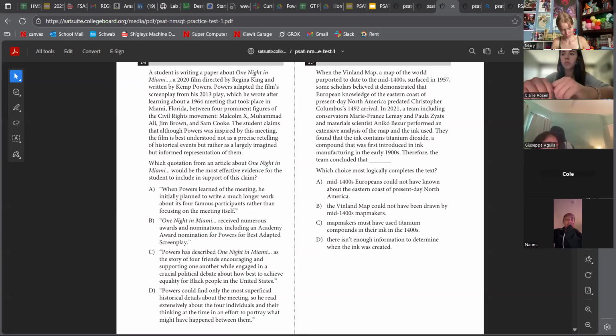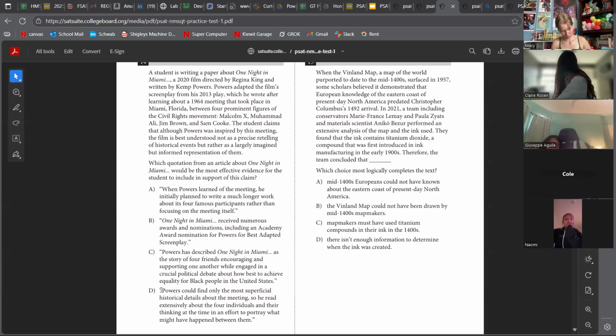So A here: when Powers learned of the meeting, he initially planned to write a much longer work about its four famous participants rather than focusing on the meeting itself. I would say this doesn't necessarily relate to what the student is claiming here. I think the key is understanding what he is claiming.